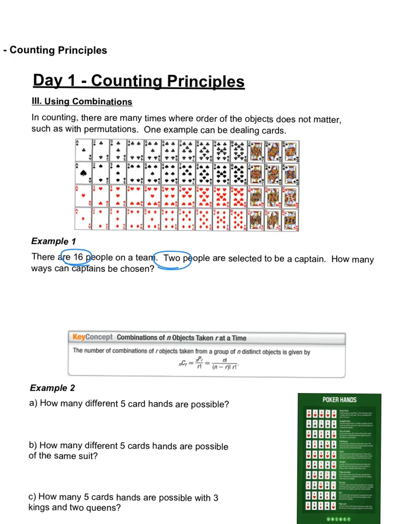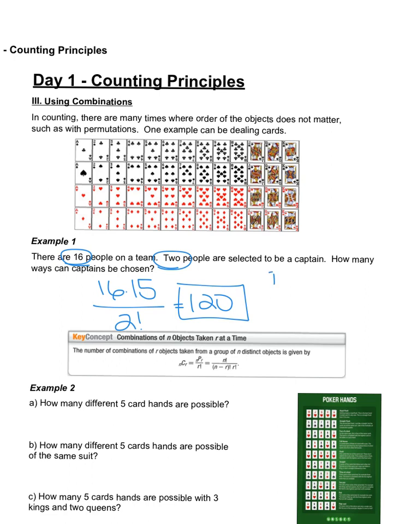In this instance, it's really kind of similar to that method of counting with permutations. So we have 16 people. Once I choose John, I can't choose him again. So there's 15 people in that second slot. Then what I do is I divide by the number of ways those 2 objects can be ordered, because again, order does not matter. When I multiply those out, I get 120 different ways.